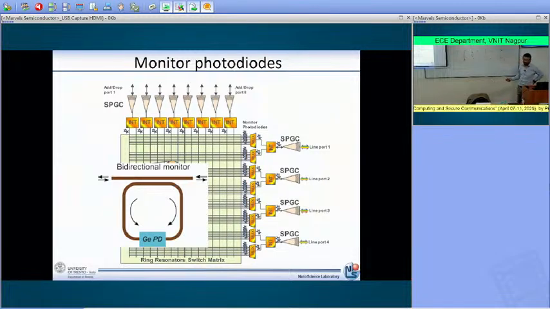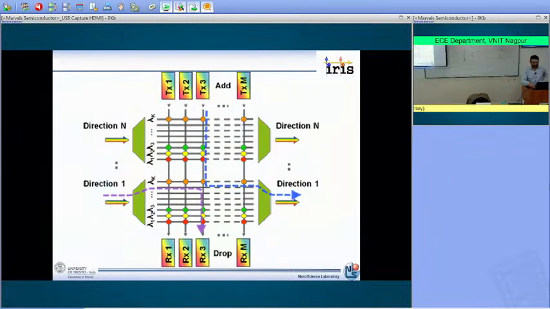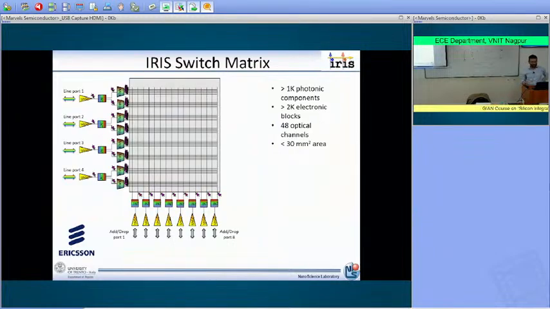And you do that by integrating heterogeneously integrated germanium. Okay? This is something that I have already shown you yesterday. So then all the different functions can be realized. So now you can build your switch matrix, which has more than 1,000 components.